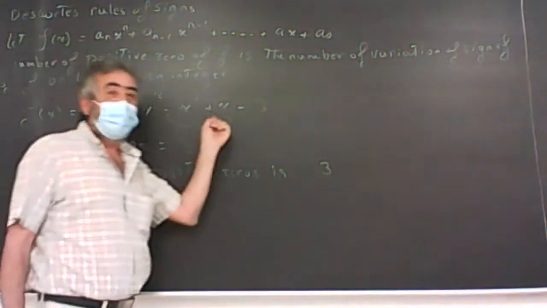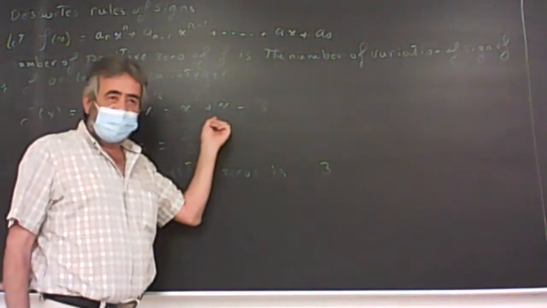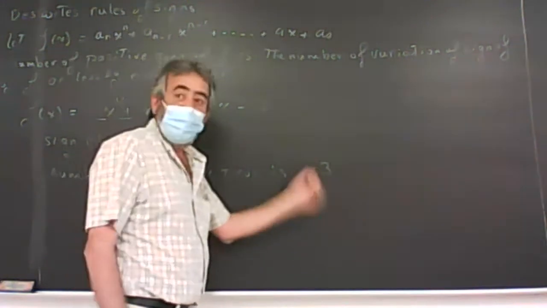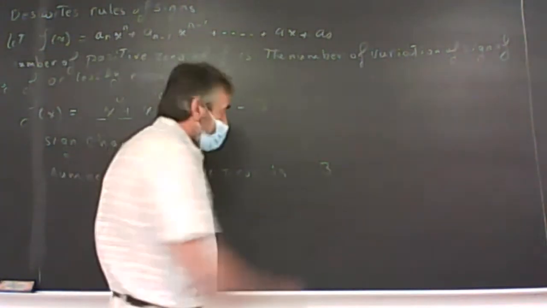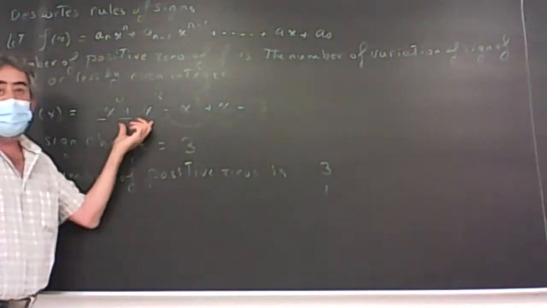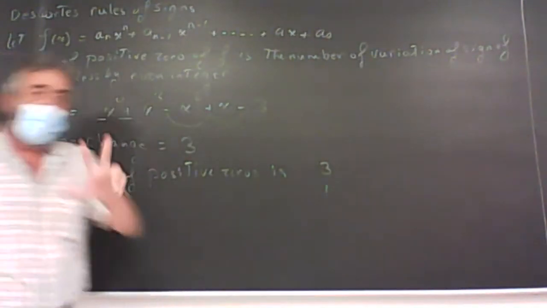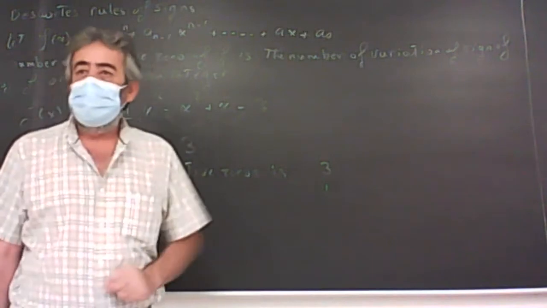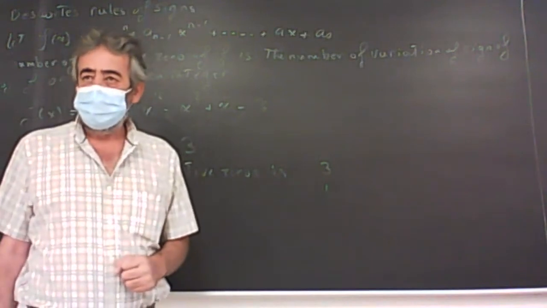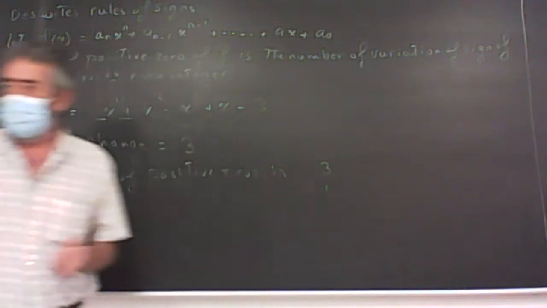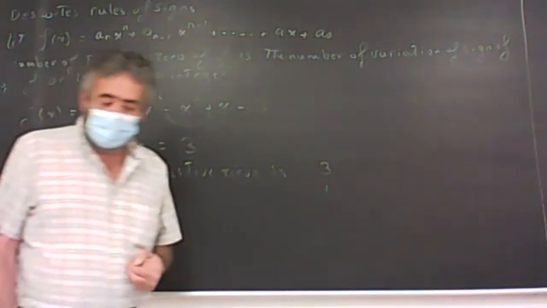So there could be 3 positive zeros, or if I take an even integer from here, say 2, then 3 minus 2 is 1. So this particular polynomial could have 3 possible positive answers or just 1 positive answer. Clear? Is that understood? Yeah. Okay.